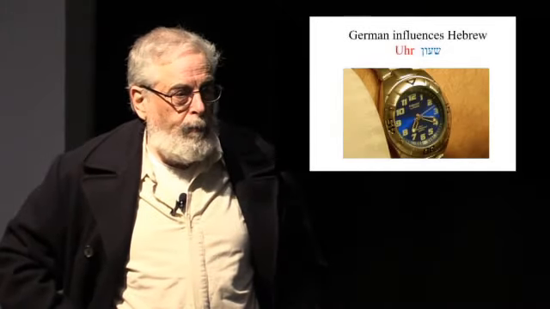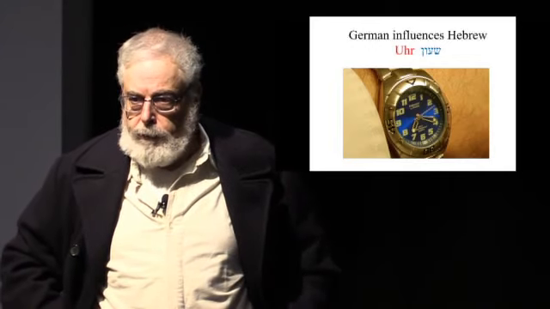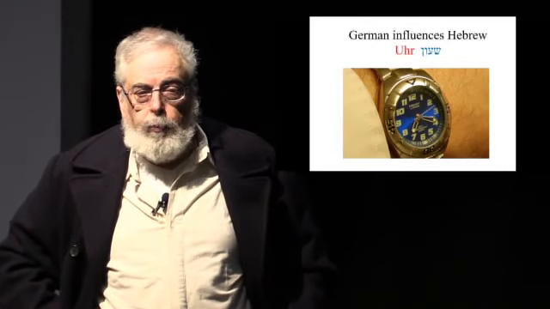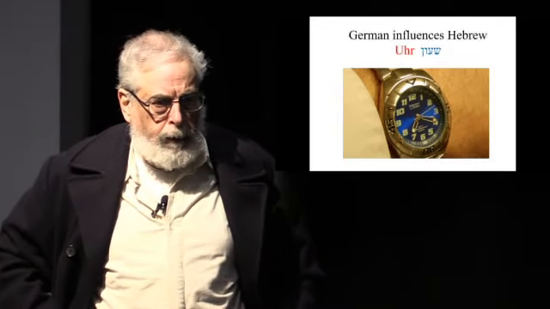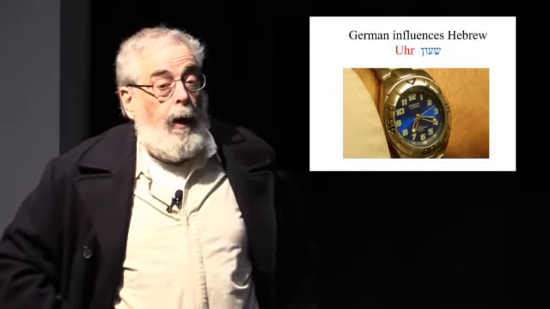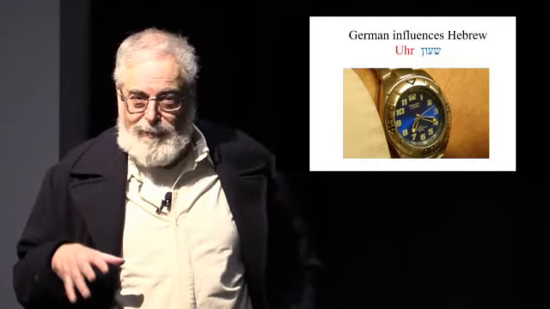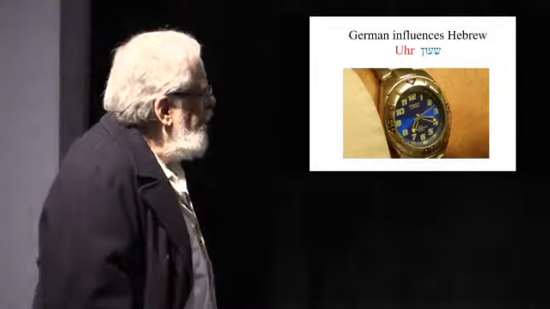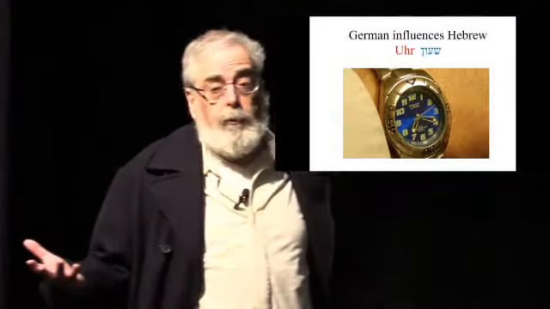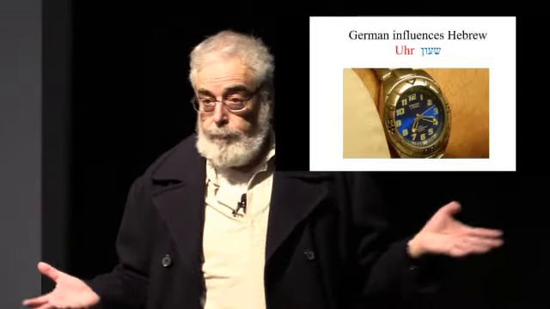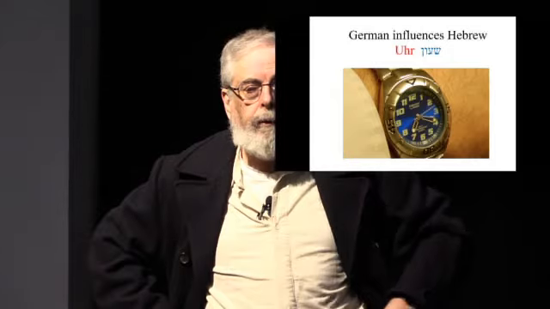What was the language or languages? Especially German and French. German was mostly influencing. We already saw kindergarten, and Bewegung, so you see I mentioned German twice already. And here is a very nice example. How do you call a watch in Hebrew? Again, a new instrument.